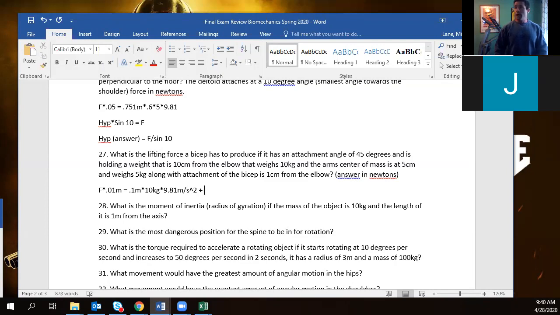And then we're going to add 0.05 meters multiplied by the 5 kilograms, which will be multiplied by 9.81 meters per second squared.